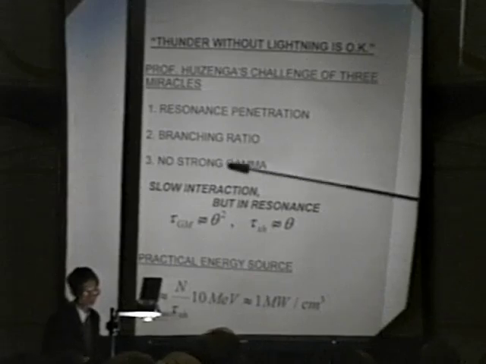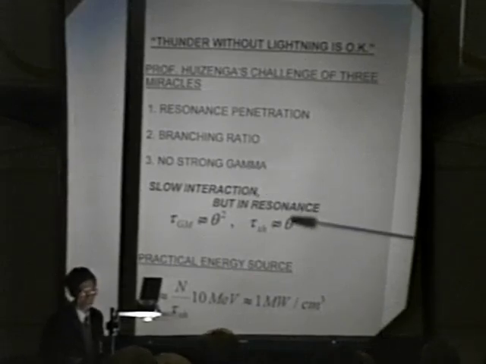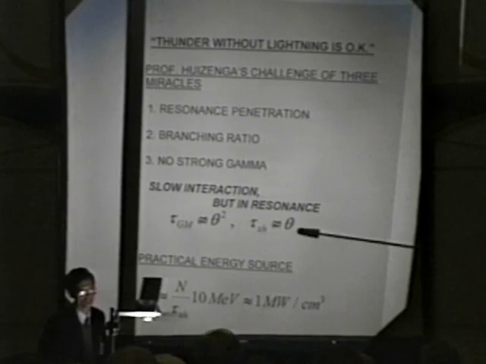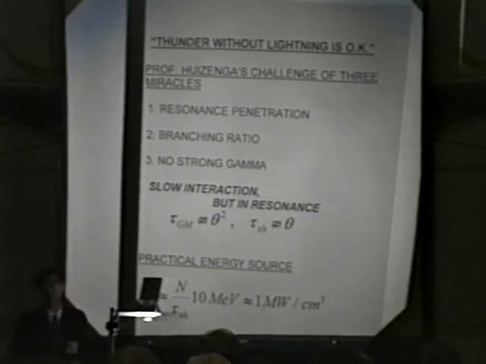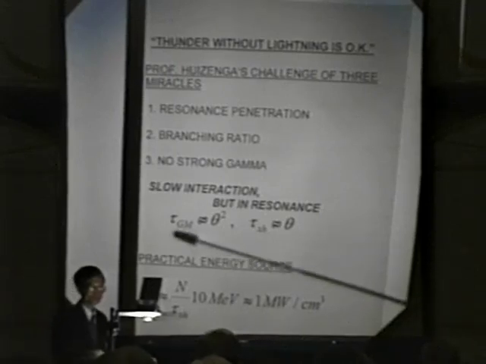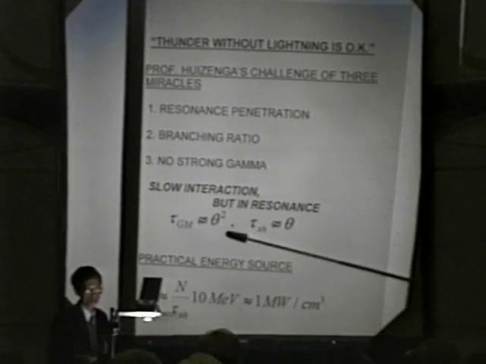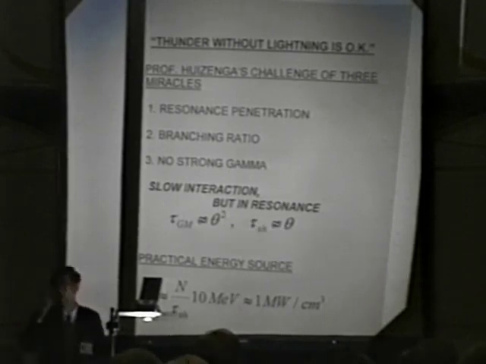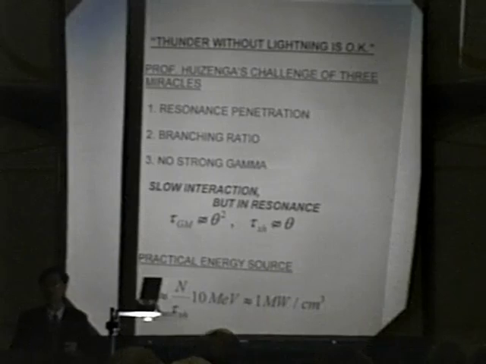But this is in resonance, so this lifetime is proportional to theta first. In comparison, if we use the gamma factor for the non-resonance case, this lifetime is proportional to theta to the square. So we win a theta factor by the resonance, and we can answer this question.